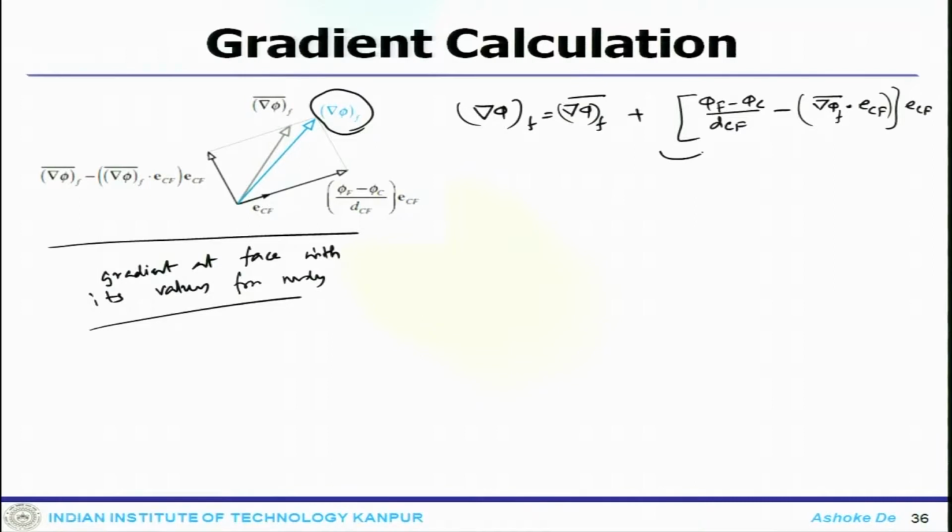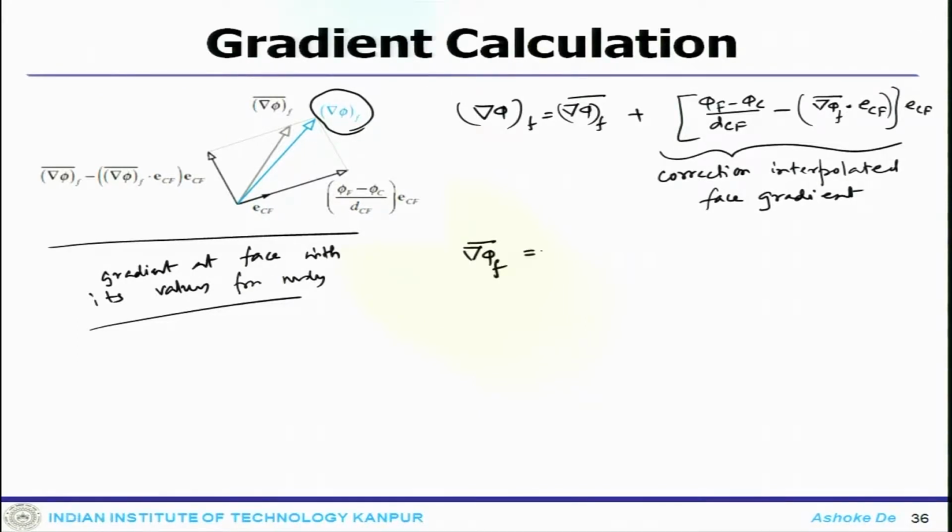So this is some sort of a correction to the interpolated face gradient, where delta phi f equals G c delta phi c plus G f delta phi f, and E c f would be d c f by the magnitude of d c f, and d c f is R f minus R c.